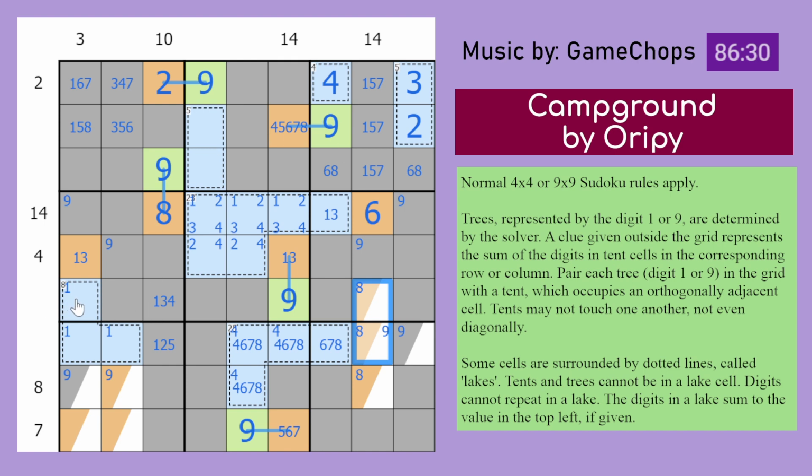If this is 1, 3, 4. Hold on a minute, hold on. If that's mine, that has to be 2, right? 2, 1, 1, 3, 4. Alright, okay. Sure. If that is tent, what would it be?